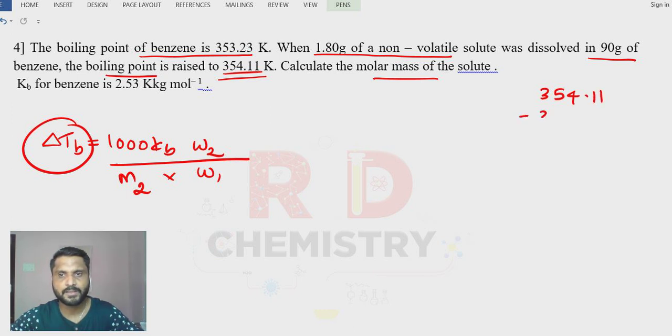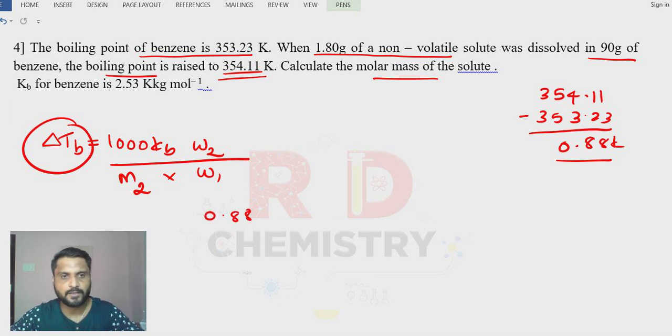The difference is 354.11 minus 353.23. This comes to be 0.88 Kelvin. Okay, so that is equal to 0.88 is equal to 1000 into the Kb value given in the question itself, 2.53, into W2.